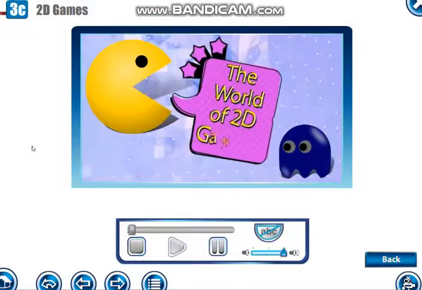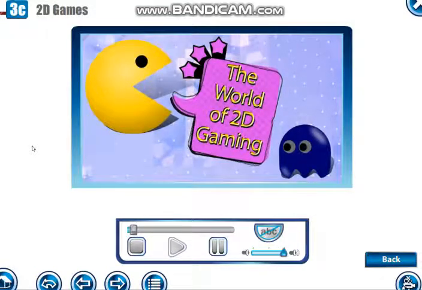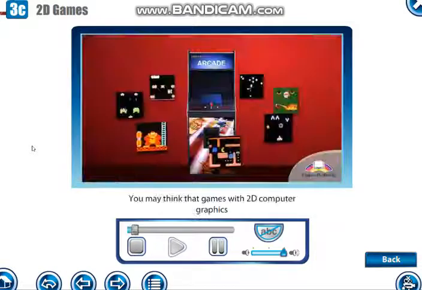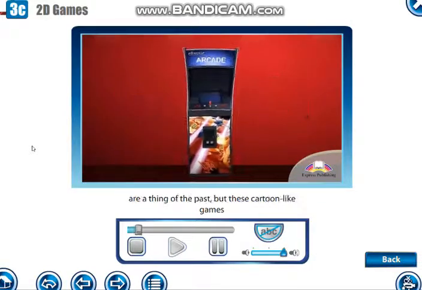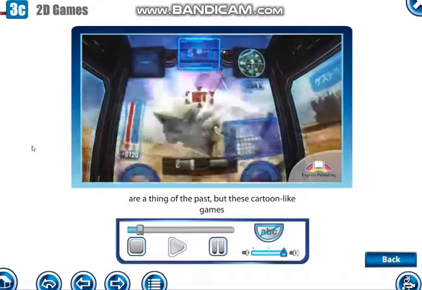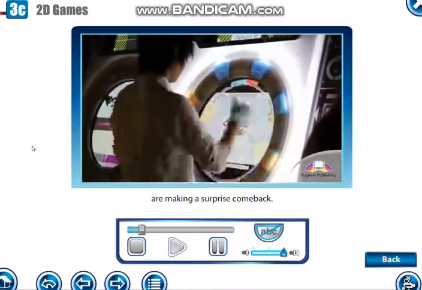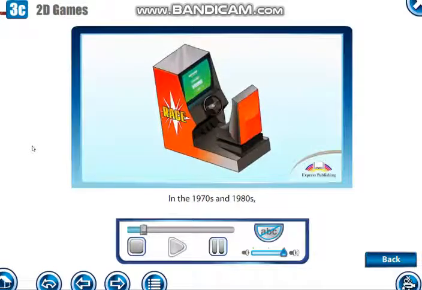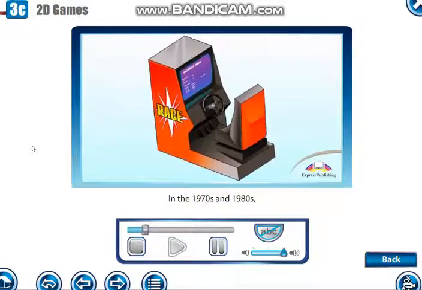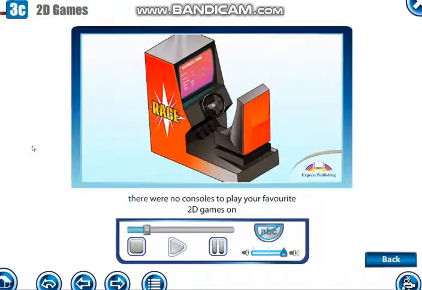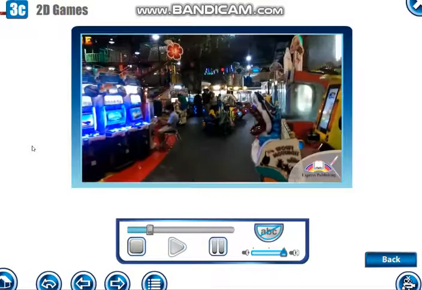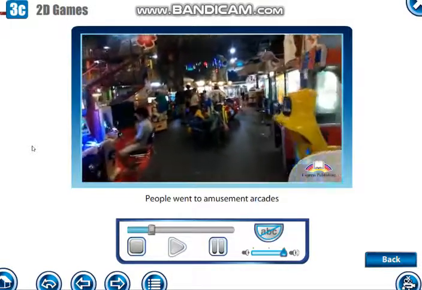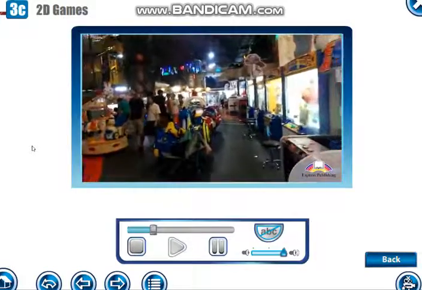The world of 2D gaming. You may think that games with 2D computer graphics are a thing of the past, but these cartoon-like games are making a surprise comeback. In the 1970s and 1980s, there were no consoles to play your favorite 2D games on in the comfort of your own home. People went to amusement arcades to play on game machines.